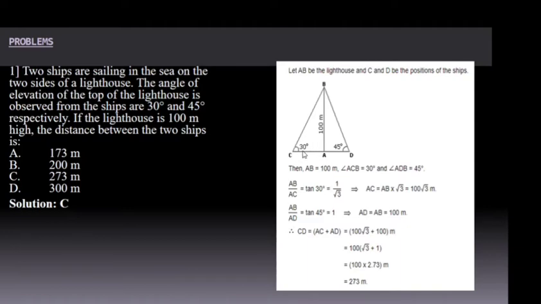So let us take the angle of elevation at C is 30 degree and angle of elevation at D is 45 degree. Okay. Now what we have to find, or what we are asked to find? The distance CD. Now if we look at this particular figure, we have two triangles here.